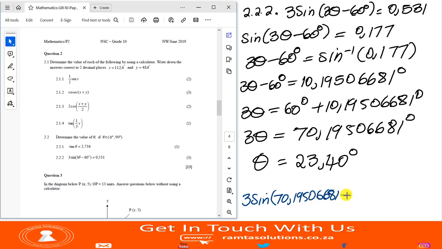70.195066681 minus 60. All right, what is this? Or if you like, you can also say it is equal to this. Now let's press this in our calculators: 3 sine (70.195066681 minus 60), close.